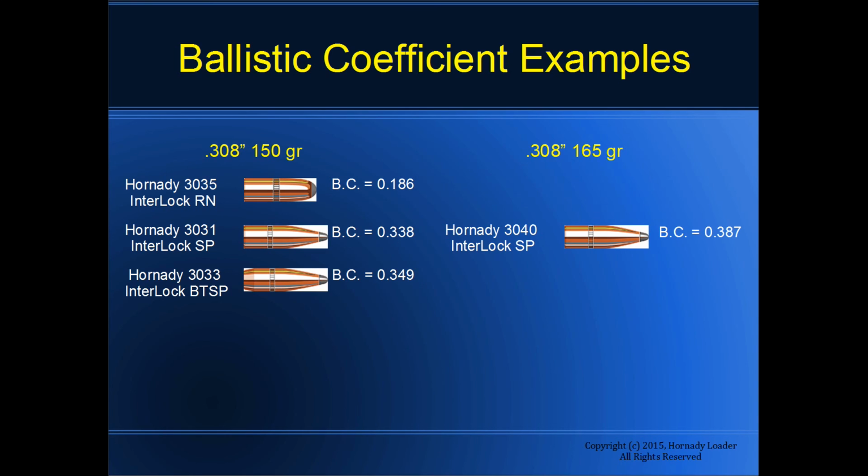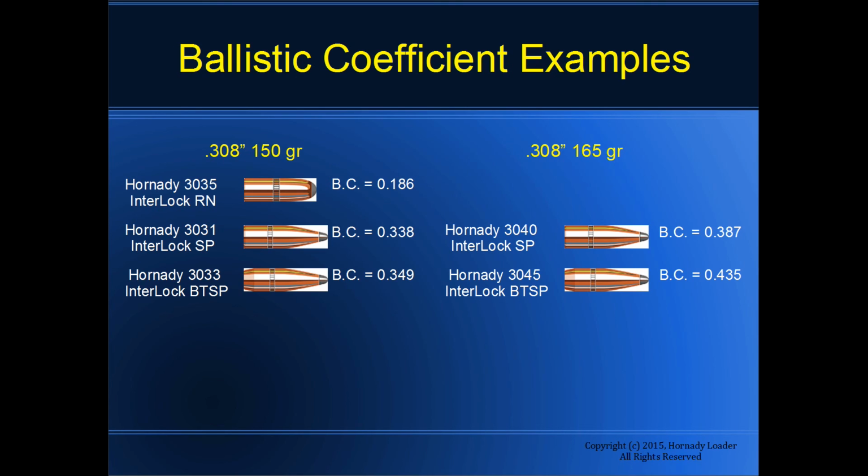And that bullet has a ballistic coefficient of 0.387, quite a bit higher even than the 3033 with the boat tail. They also make the 3045 interlock boat tail spire point bullet. This is identical in every way to the 3033 bullet, with the exception, of course, that it's 165 grains. And you can see it has a ballistic coefficient of 0.435.